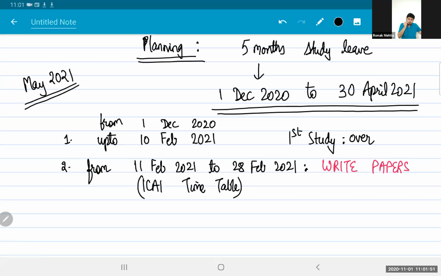Or write the November 19 paper, as the May 20 exam had not happened. So write the November 19 paper, November 20 paper, May 19 paper, write a paper.